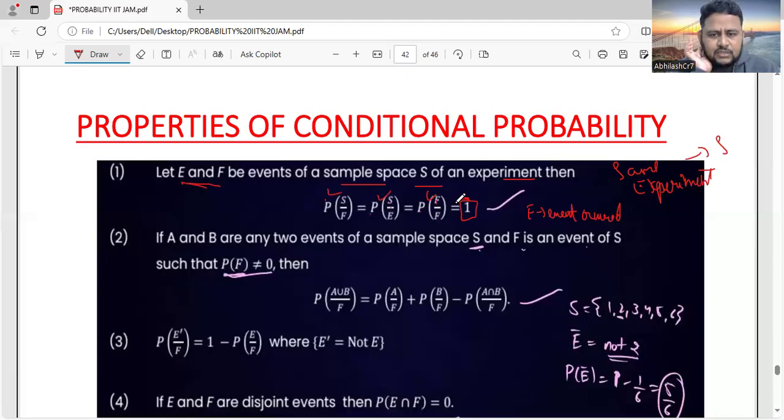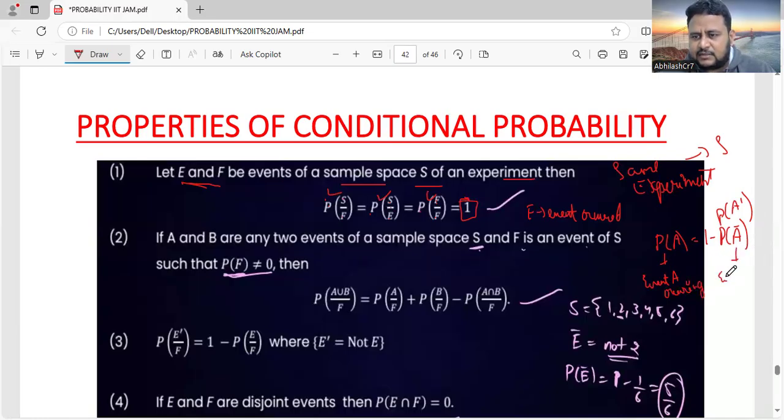Now there is another thing you must remember, friends. Probability of event A occurring is 1 minus probability of A dash, or A bar. This is event A occurring, and A dash is event A not occurring.